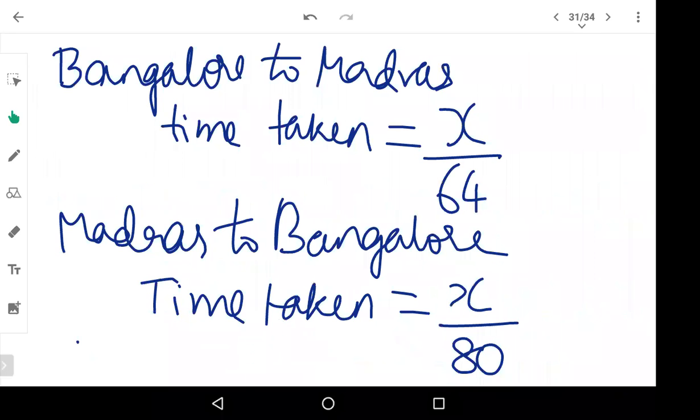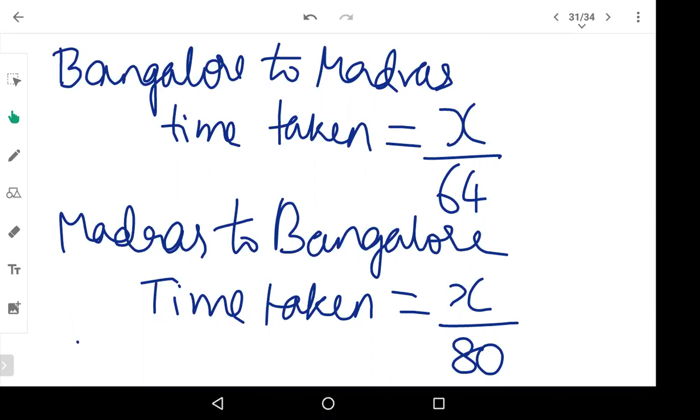Moving on further, the time taken is equal to X by 64. That is, X is the distance between Bangalore and Madras divided by 64, the speed, 64 kilometers per hour. Then from Madras to Bangalore, again, the speed was 80 kilometers per hour, where the distance will be X only.